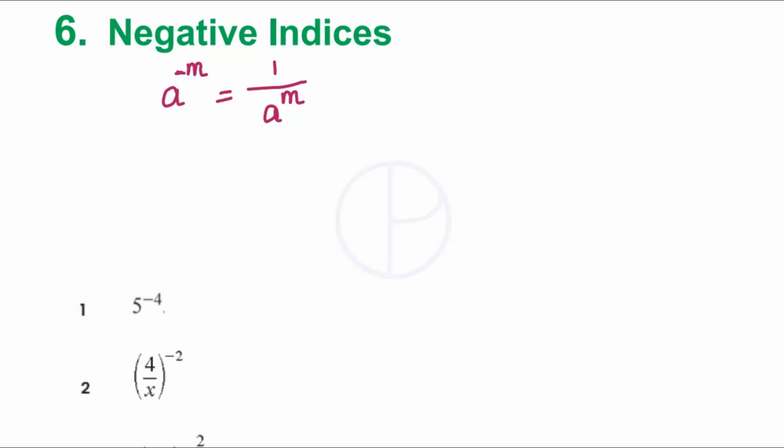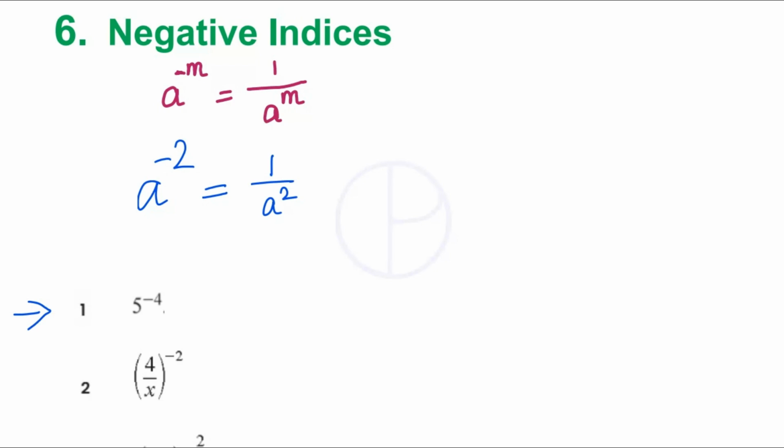The next law is about the negative indices. A power minus m can be written as 1 over a power m. A power minus 2 can be written as 1 over a square.